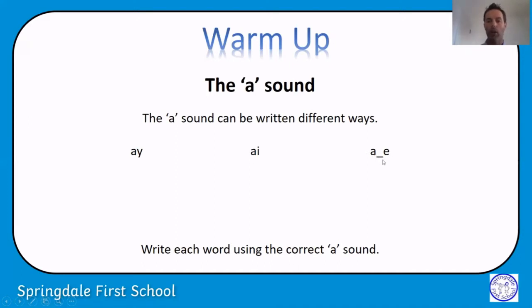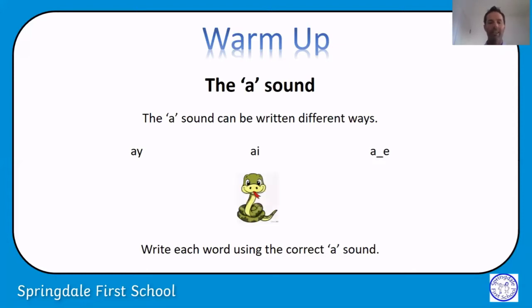And the split digraph, AE, is usually in the middle, or it can be at the end of a word as well. What I'm going to do is flash up a word for you, a picture. I'm going to say it as a sentence. I'm going to break it up into pure sounds for you and see if you can write them down using the correct spelling. Let's see how you go.